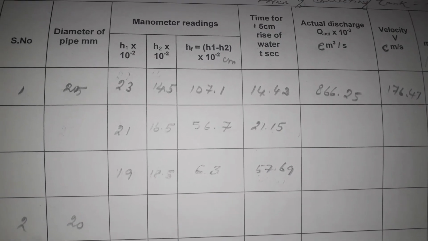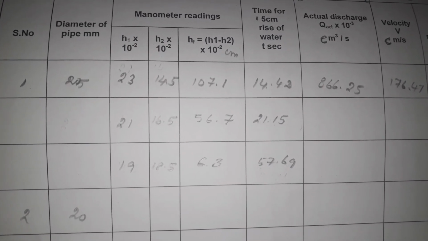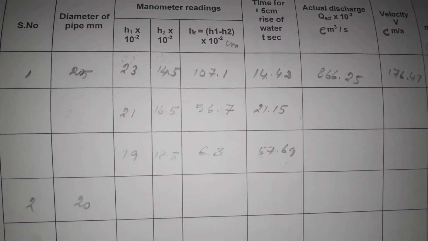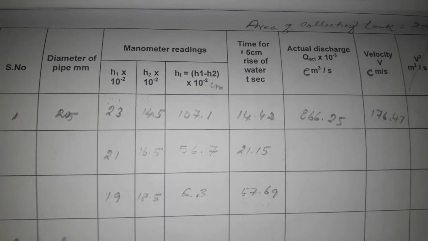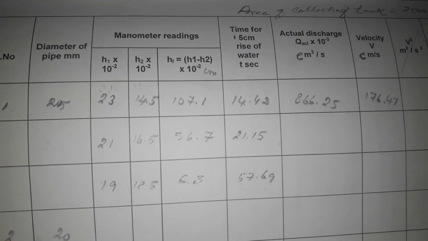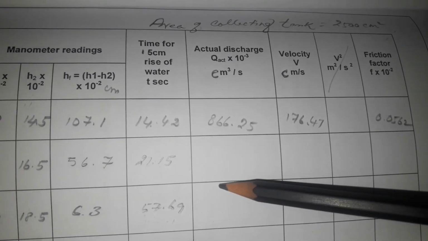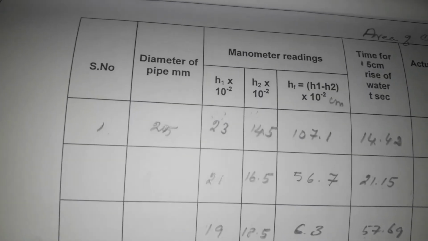So the same procedure repeats again for the 20 mm diameter pipe. The same procedure repeats again to calculate second and third readings. Then we'll find out actual discharge and velocity and friction.